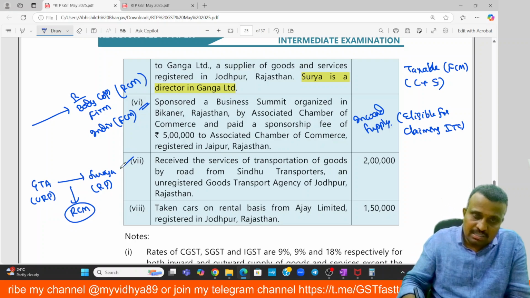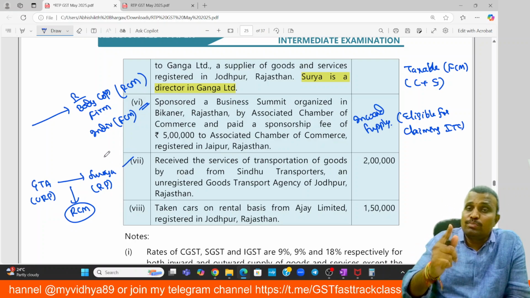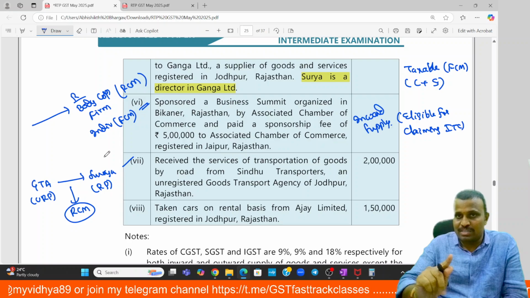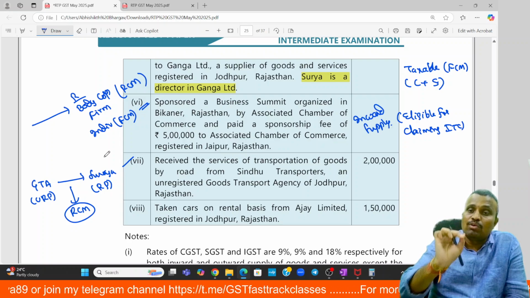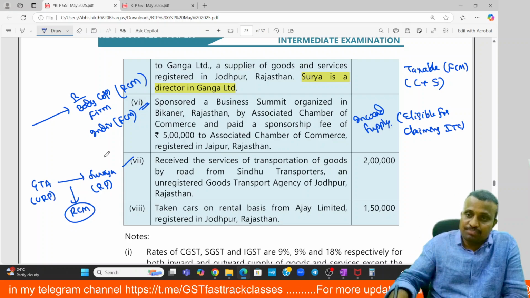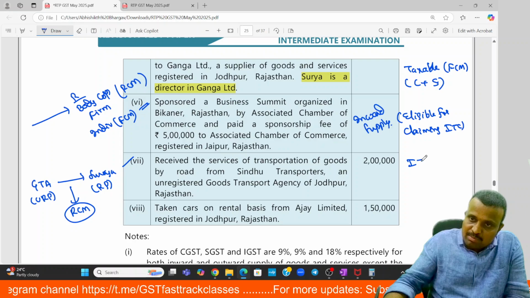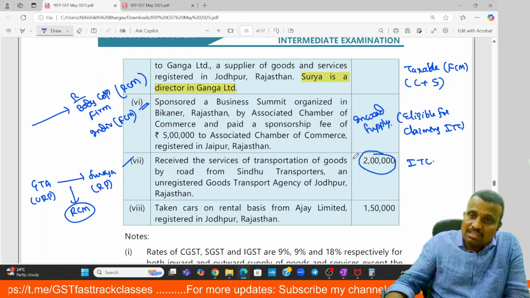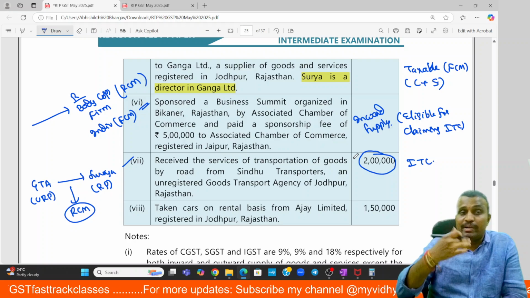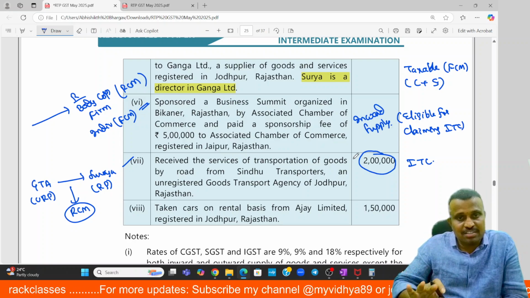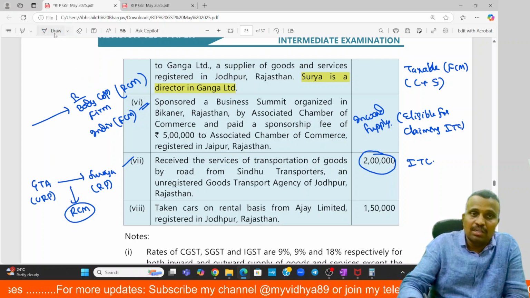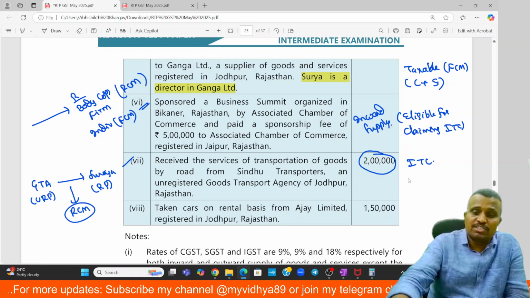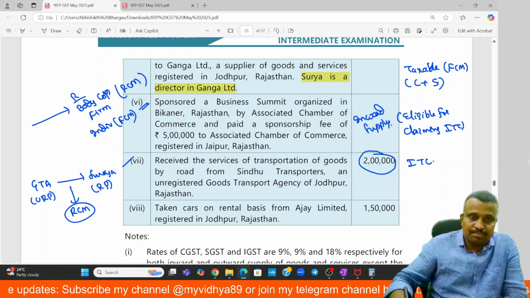In this case, Surya has to pay the tax to the government, and that amount can be claimed as ITC. So it is eligible for claiming ITC. At the same time, on this amount, tax is required to be paid to the government. How much is the rate? Based on that we will decide.